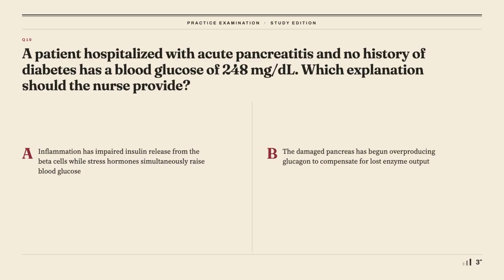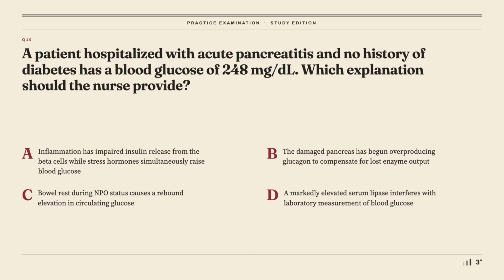B. The damaged pancreas has begun overproducing glucagon to compensate for lost enzyme output. C. Bowel rest during NPO status causes a rebound elevation in circulating glucose. D. A markedly elevated serum lipase interferes with laboratory measurement of blood glucose. Take a second. Which answer would you pick?